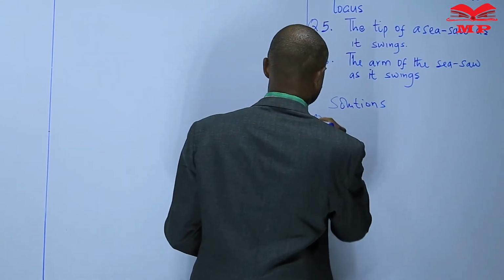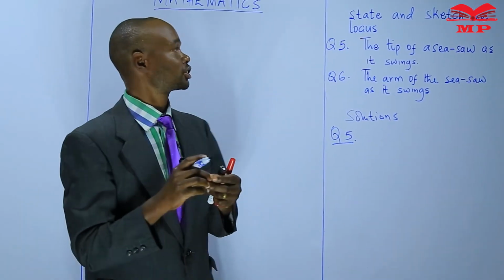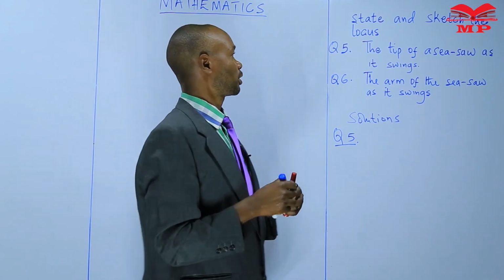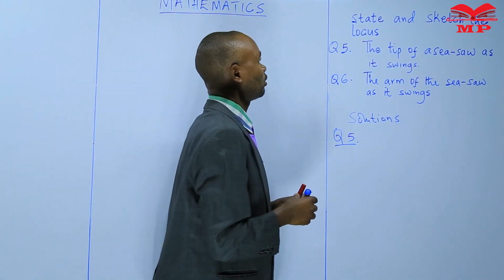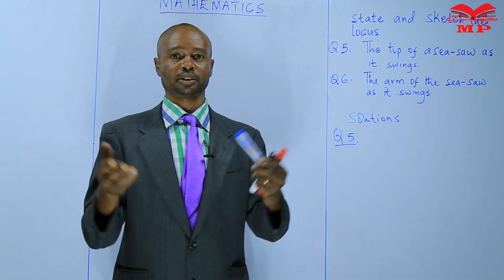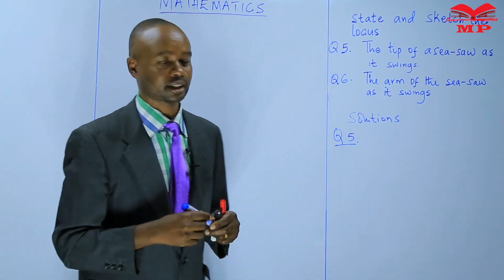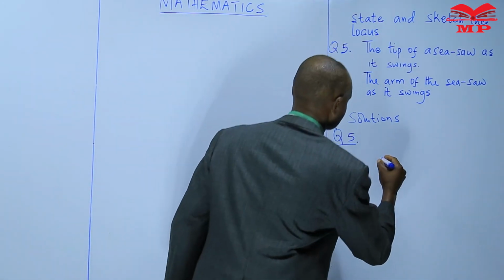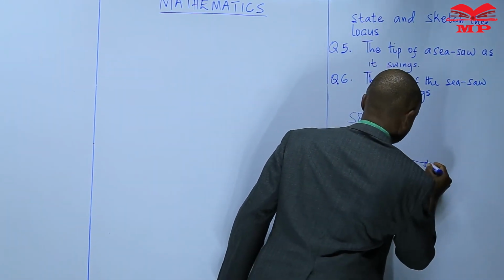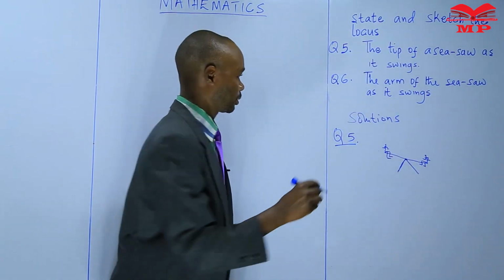We have question 5. Note that they have said state and sketch. You don't just state. So in 5, it is a tip of a seesaw. A sketch will be very important for us to internalize what is happening there. So I'll start with the sketch for number 5. And note that it is the tip.